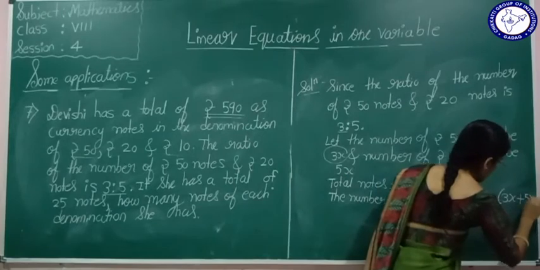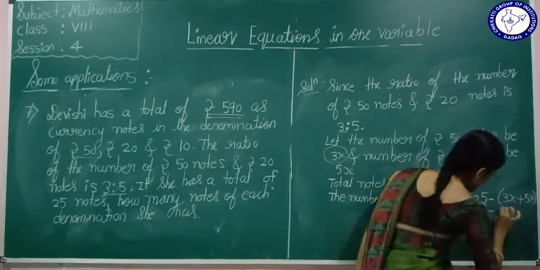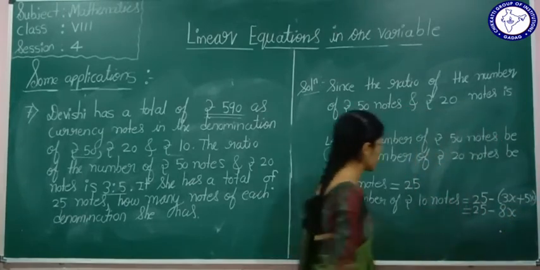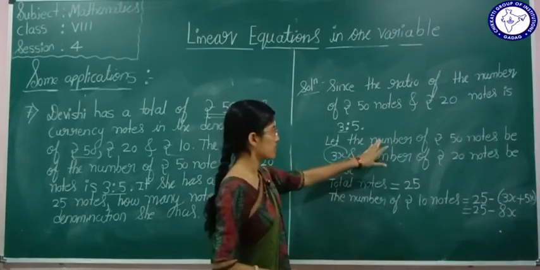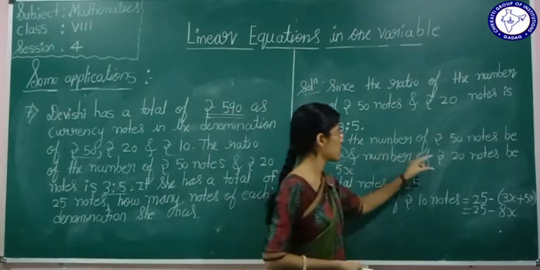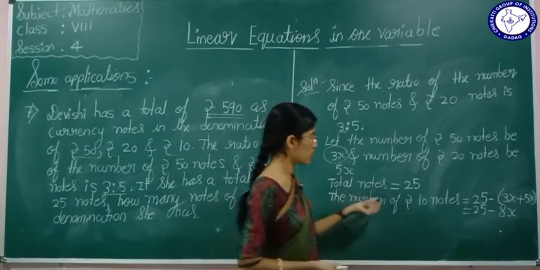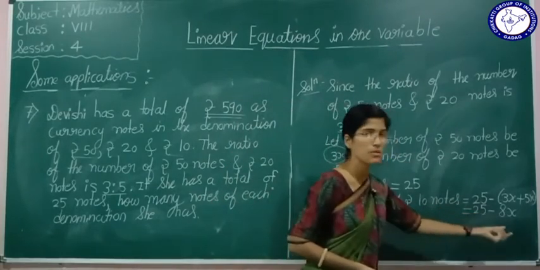Yes or no? Now see here, 25 minus, what is 3x plus 5x? It is 8x. Now we got the number of 50 rupee notes is 3x, 20 rupee notes is 5x, and the number of rupee 10 notes is 25 minus 8x.